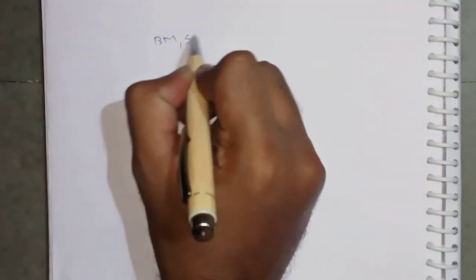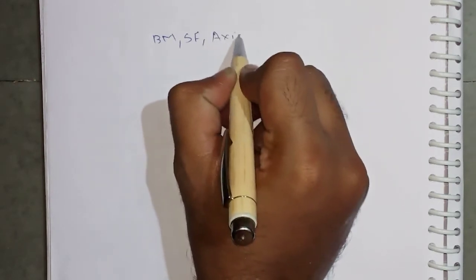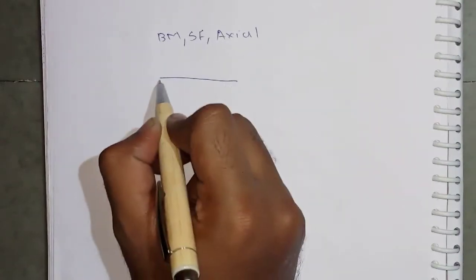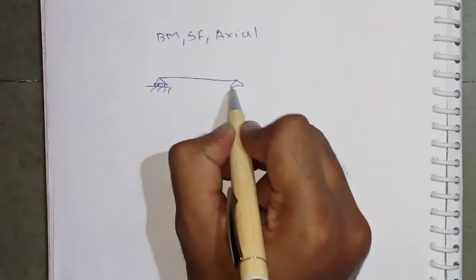In beams, the internal degree of static indeterminacy is always equal to 0. Why? Because in beams or in a frame, the internal member forces are bending moment, shear force and axial force. Suppose we take an example of a simply supported beam, it will be easy to understand.